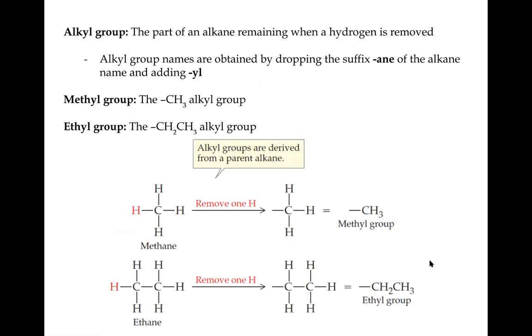When we talk about these groups, these methanes and ethanes and propanes and butanes, when they are substituents in the first part of the naming system, so not the longest chain, we refer to them as alkyl groups. Think of it as alkane with a hydrogen removed, so alkyl.